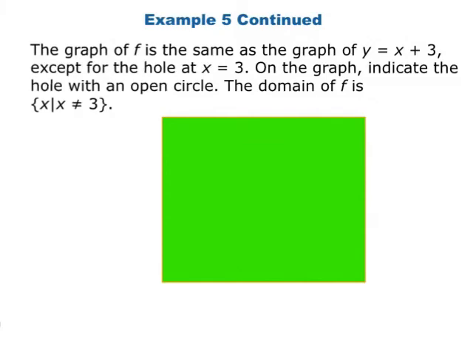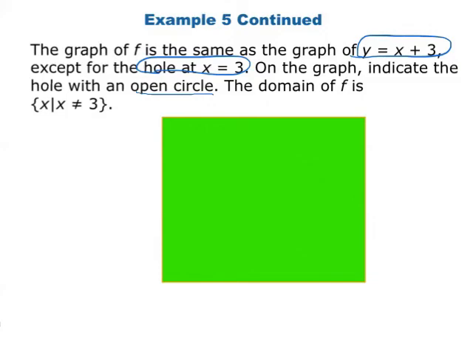Now when we graph these functions, you're going to notice that the graph is the same as graphing the linear equation y equals x plus 3, because that's all that was left. Except the difference here, remember when we restricted the domain and you said x not equal to 3? Well, that meant there was a hole at x equals 3. The way we show there is a hole at x equals 3 is we indicate the hole by drawing an open circle on the graph.